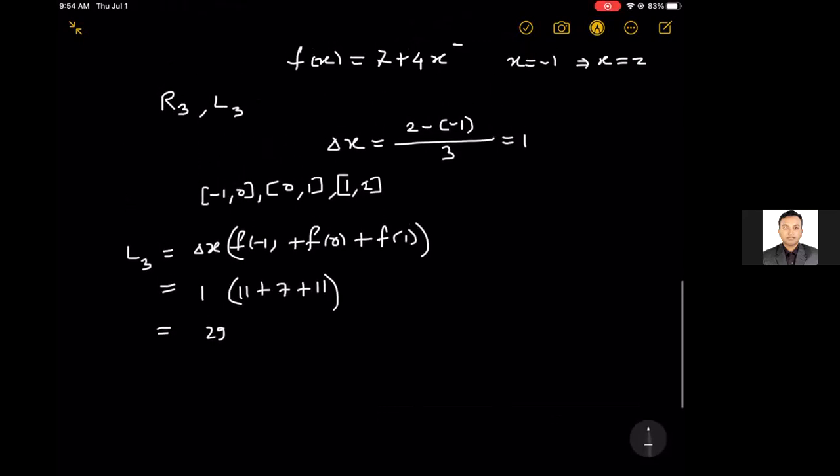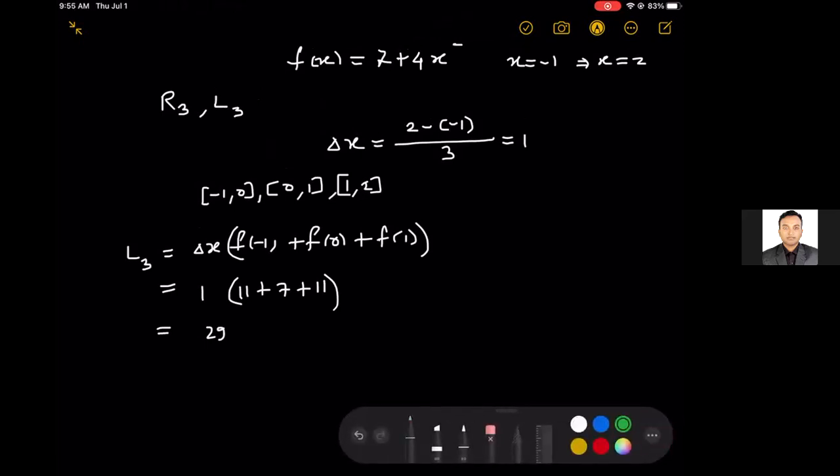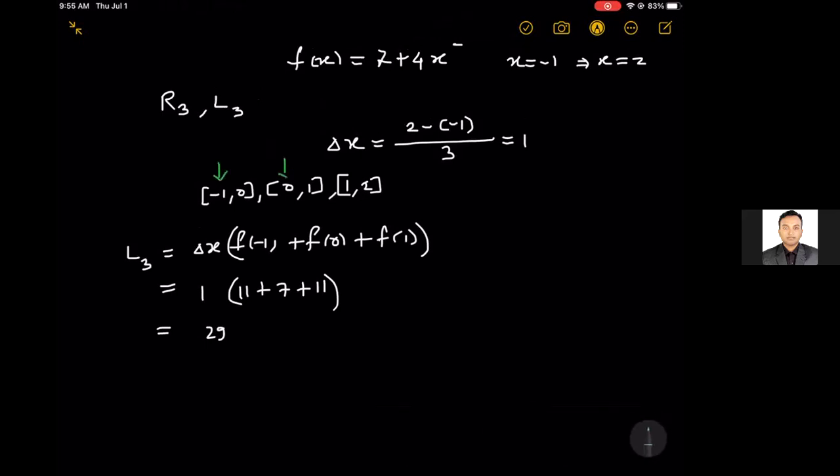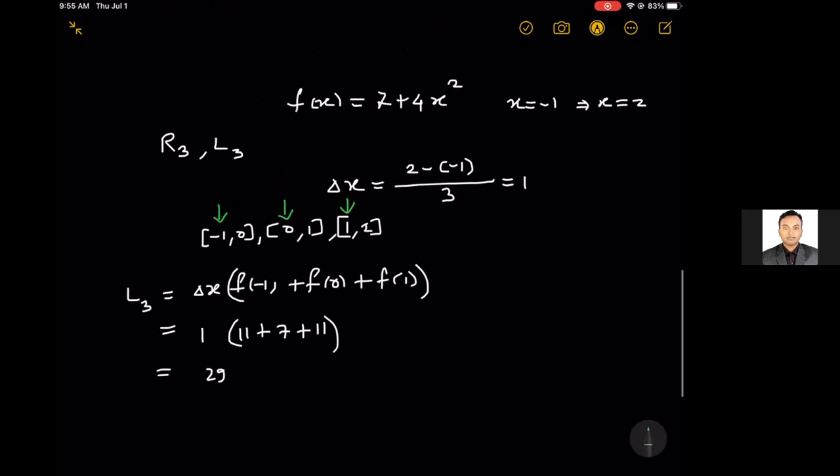Okay, so first of all, this is the formula we'll be using for the left Riemann sum because these are the left endpoints, right? Now since the function is 7 plus 4x squared, if we plug in -1, it becomes 7 plus 4 times -1 squared, which is 4 times 1.